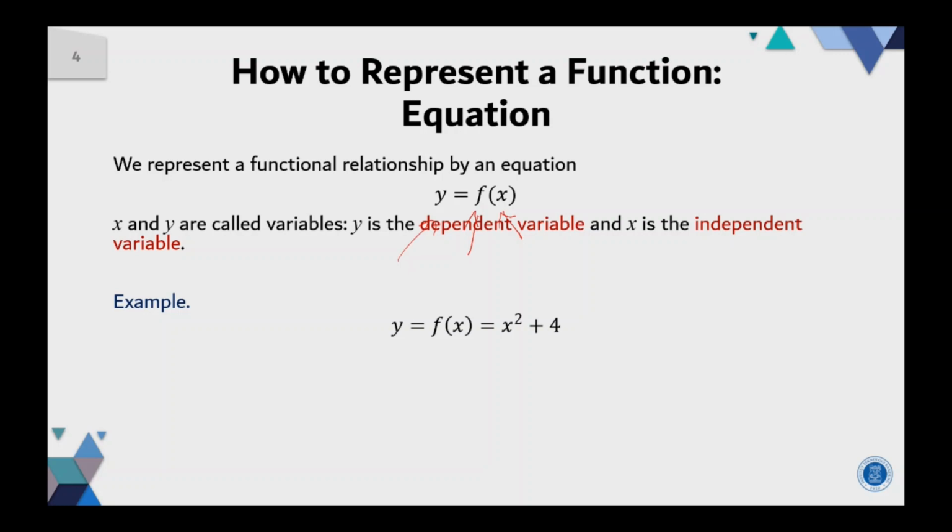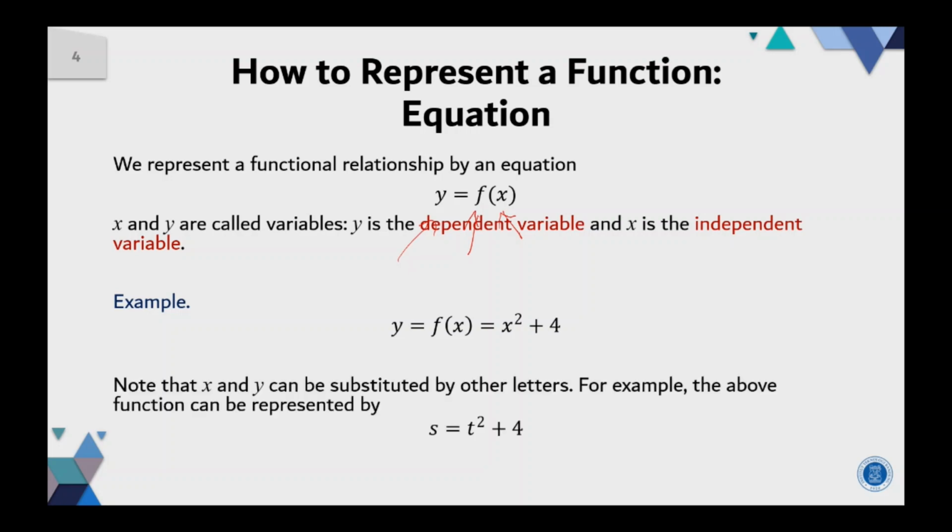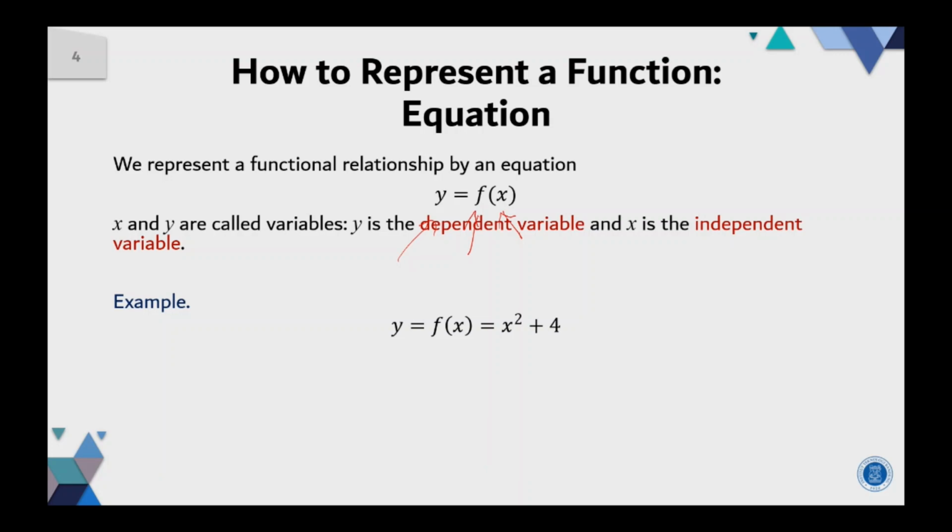Okay, so this is one example. If we have y = f(x) = x² + 4, then of course we can decide what is the value of y when x is equal to 1, for example, or x is equal to -1, or x equal to 0, or whatever value of x in the domain.